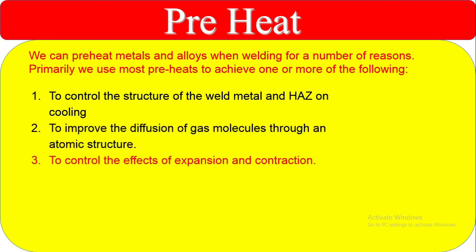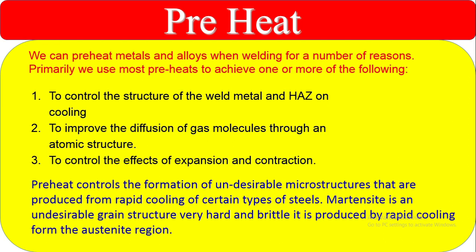Third is to control the effects of expansion and contraction. As I said earlier, expansion and contraction is the main factor, so slow down the cooling rate. If the cooling rate is very high, then definitely expansion and contraction will be a problem, and it can cause a crack. So preheat controls the formation of undesirable microstructures that are produced from rapid cooling.